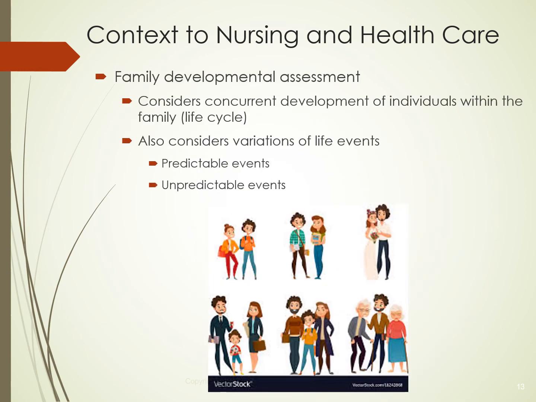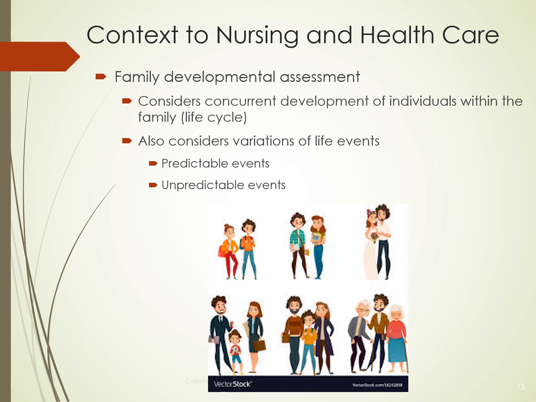When we discuss the developmental assessment of the family, we are considering examples of predictable events as well as examples of unpredictable events. While families develop, there are stages where certain milestones will occur. For example, the first stage is when a couple gets together. Here, they establish a functional relationship with each other, and independence in most cases from their families of origin.